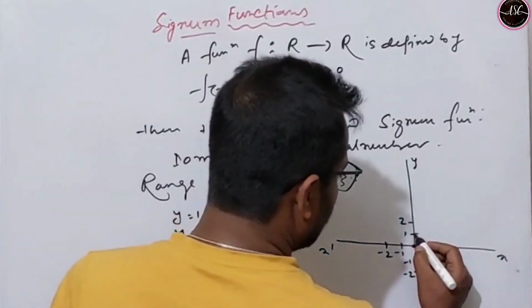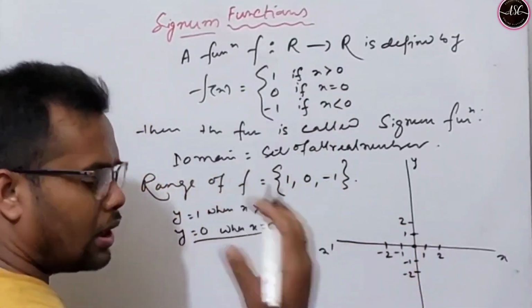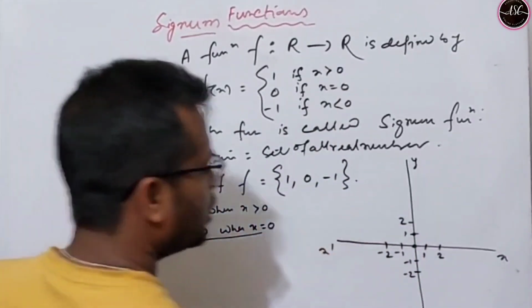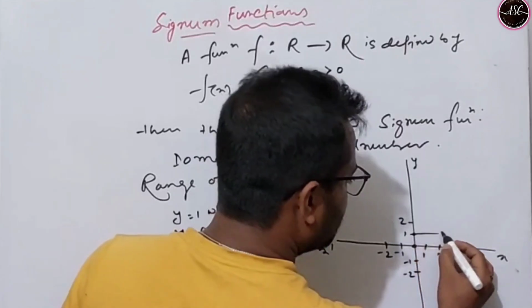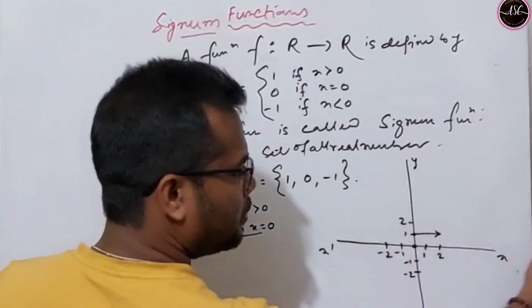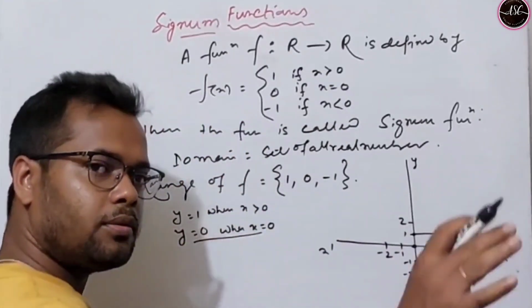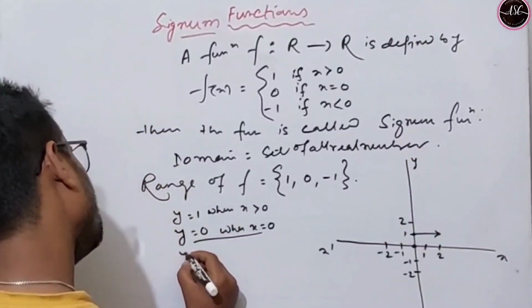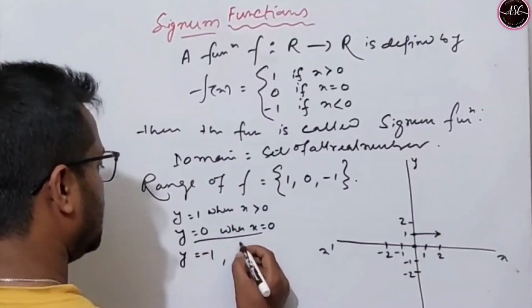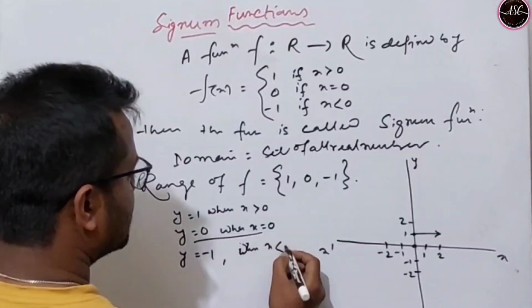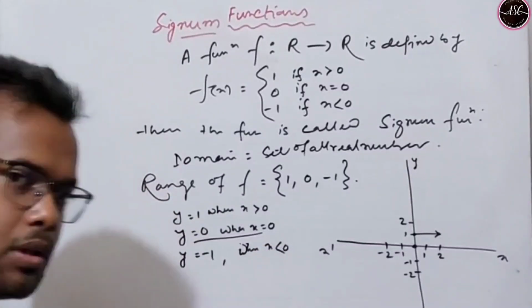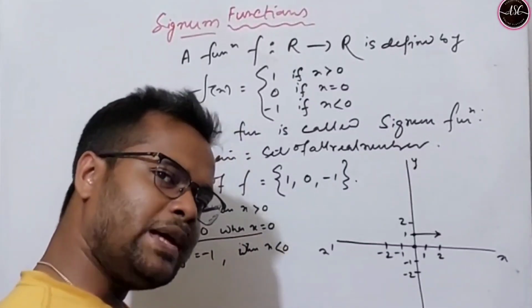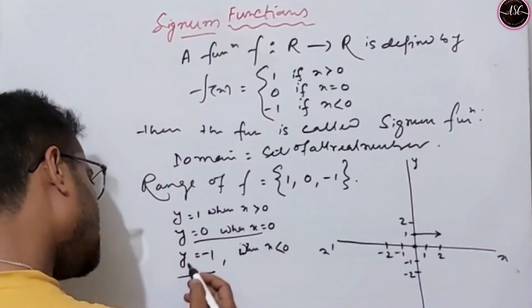That means here, and the value of x greater than 0. That means from here the arrow will be up towards the positive direction. If y equal to minus 1, when x less than 0, that means the value of x may vary, but y is minus 1.